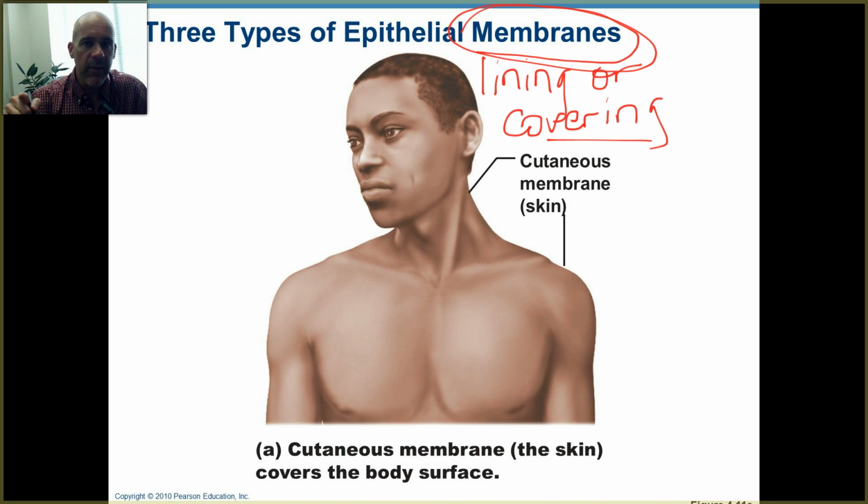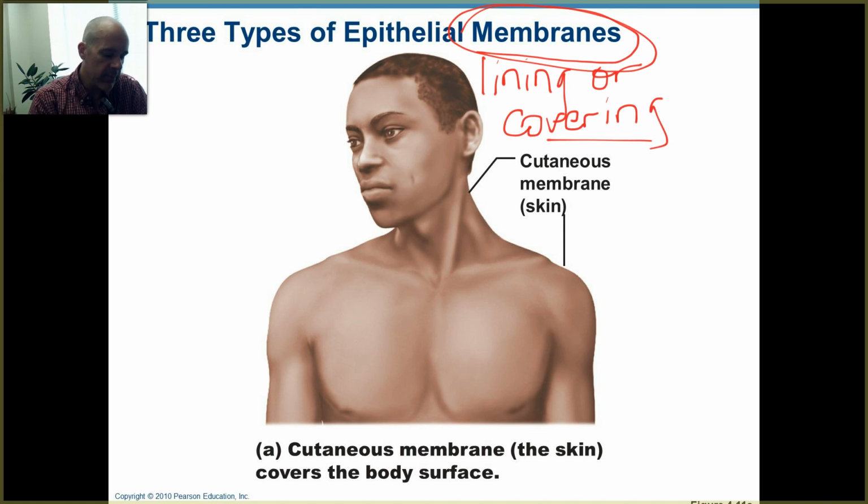But when we're thinking about epithelial membranes, these are membranes like the serous membranes, those coverings and linings of some of your major body cavities that we learned about in Chapter 1. Those are a type of epithelial membrane. There are three types of epithelial membranes that we need to be familiar with.